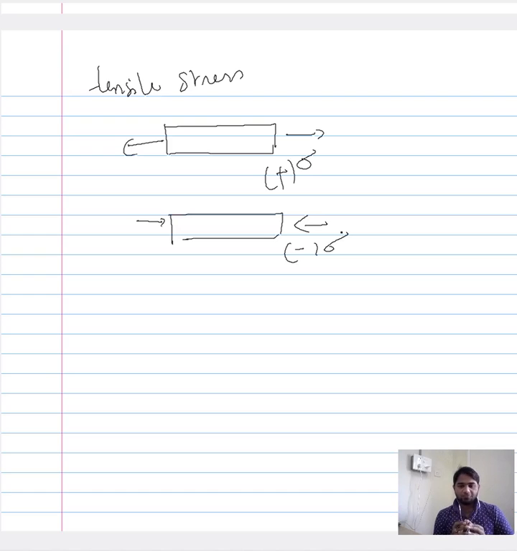The reason for this convention is that only when we use this convention will we be able to arrive at a material property that is common for both compression loading and tensile loading.